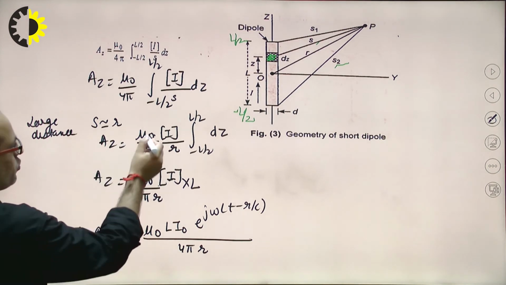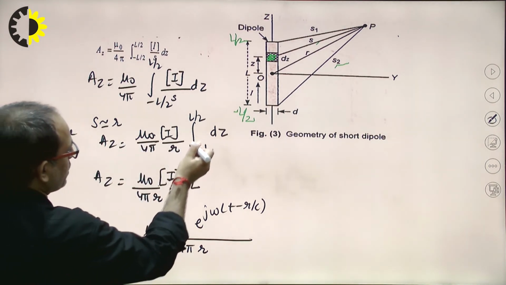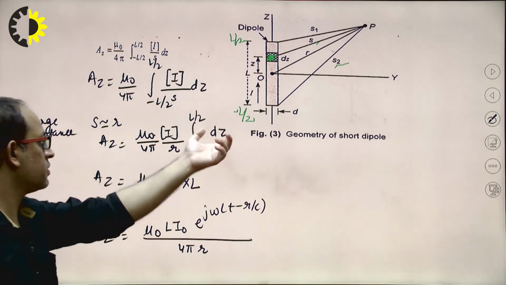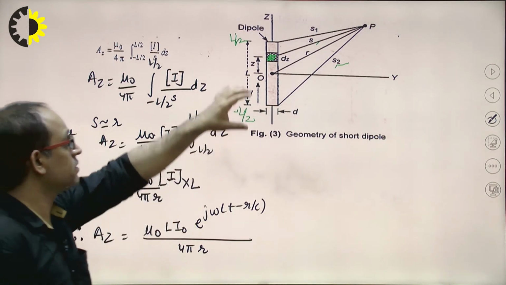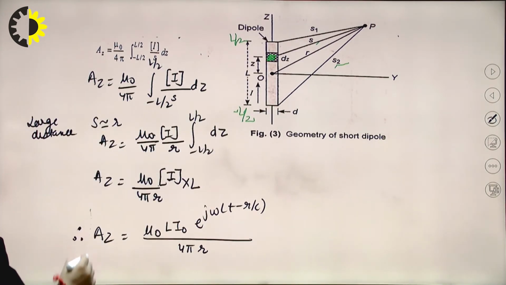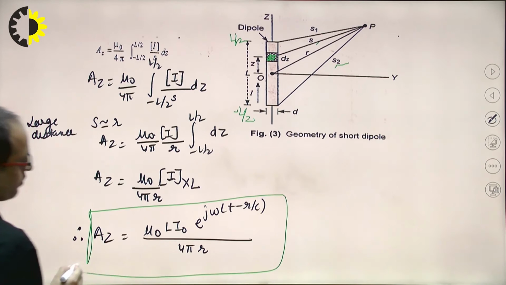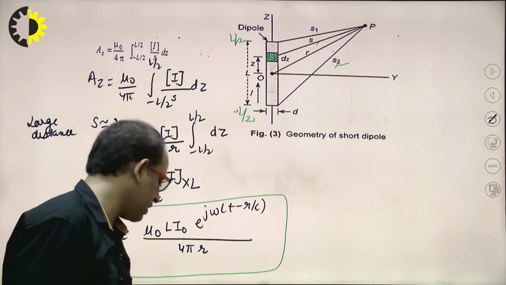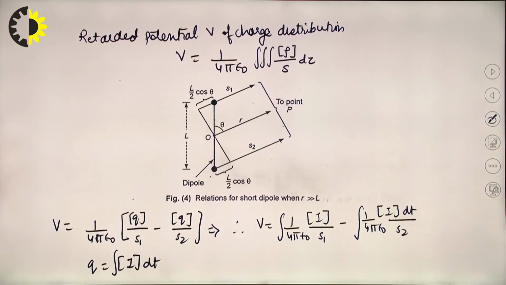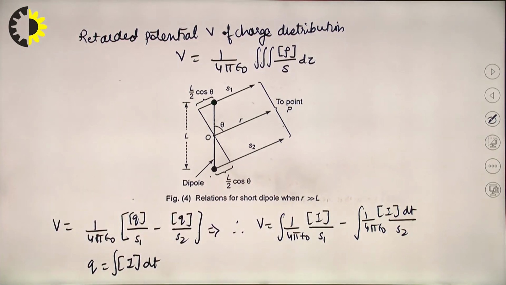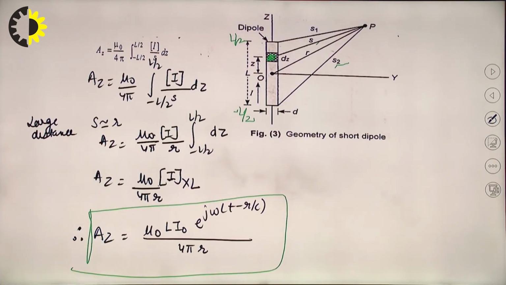So Az equals mu naught upon 4 pi, I by r, integral from minus L by 2 to L by 2 of dz. On integrating dz you get L, so Az equals mu naught L I naught upon 4 pi r, e to the j omega (t minus r by c). Now at point P I have calculated the A vector, Az.